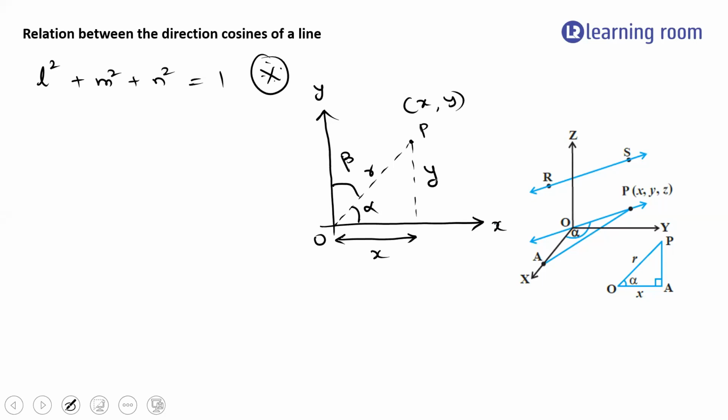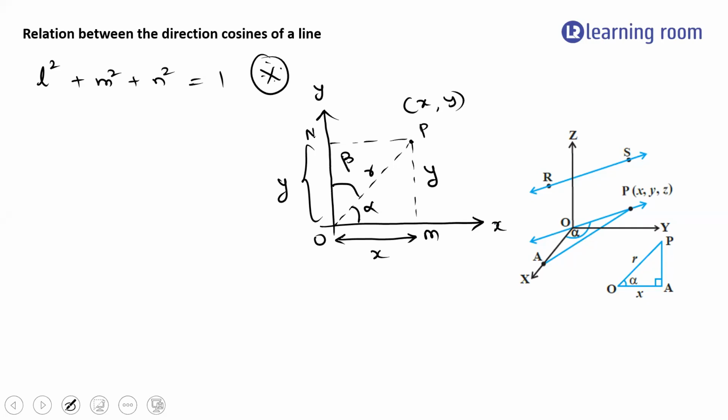Right? This height is going to be y, and this is x. So from P, if I draw a perpendicular, now if I take this to be M and N, I'm able to see two right angle triangles, OMP and ONP.